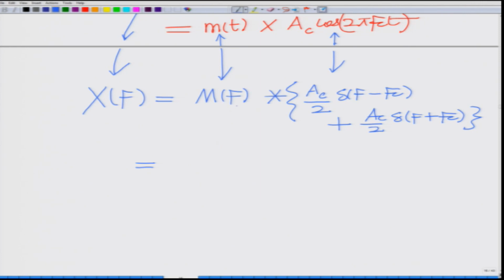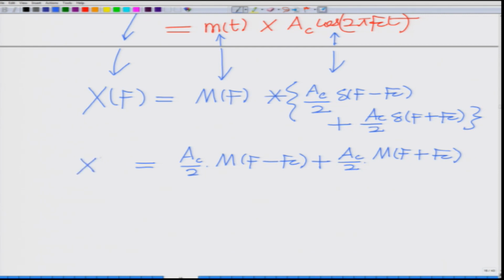So, M(f) convolved with delta(f minus f_c) gives A_c over 2 M(f minus f_c), that is the spectrum of M(f) shifted to f_c, plus A_c by 2 M(f) convolved with delta(f plus f_c), which is the spectrum M(f) shifted to minus f_c, that is M(f plus f_c). Okay.